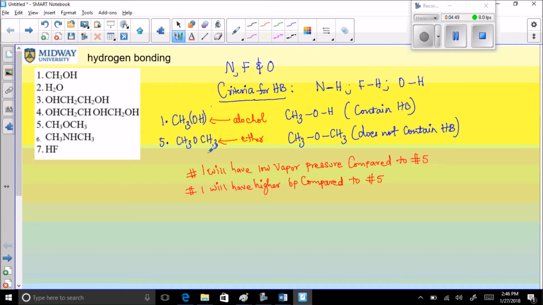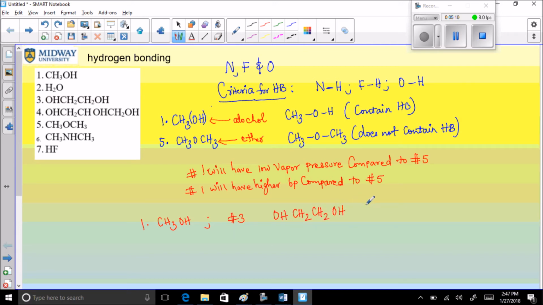Now, I have some examples here. Let's say we have number 1, which is CH3OH, and then number 3, where I have ethylene glycol, which is what you find in an antifreeze.